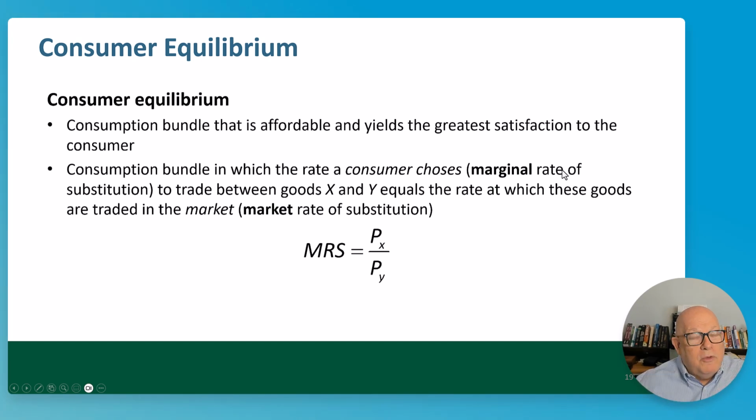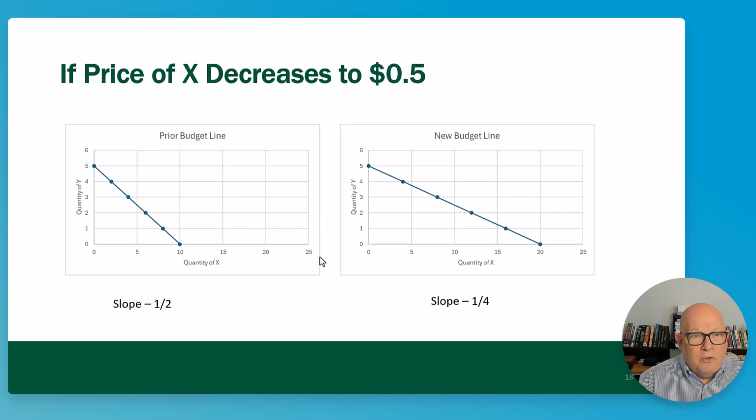The marginal rate of substitution is the slope of the indifference curve. The market rate of substitution is the slope of the budget line that's determined by the market, okay? So that's this slope here. When those two are equal is where the indifference curve is going to touch the budget line.